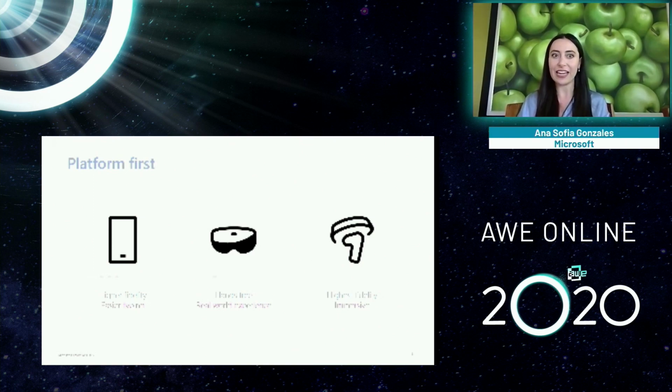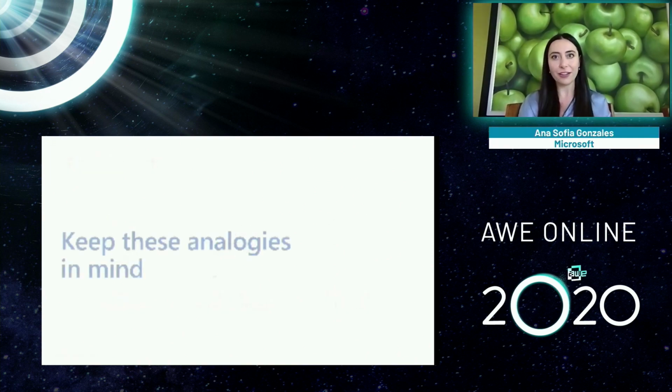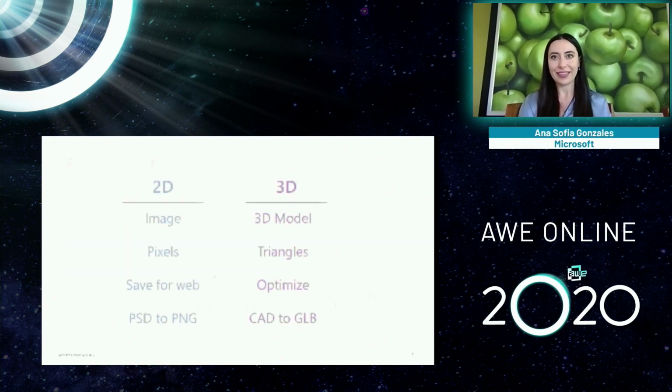If you want higher fidelity, you have easier typing. If you want a hands-free experience, then you have a real-world experience. And if you want to immerse yourself, you can use the highest fidelity with the VR headset. And I hope that my analogies help you out as they help me. Thank you.